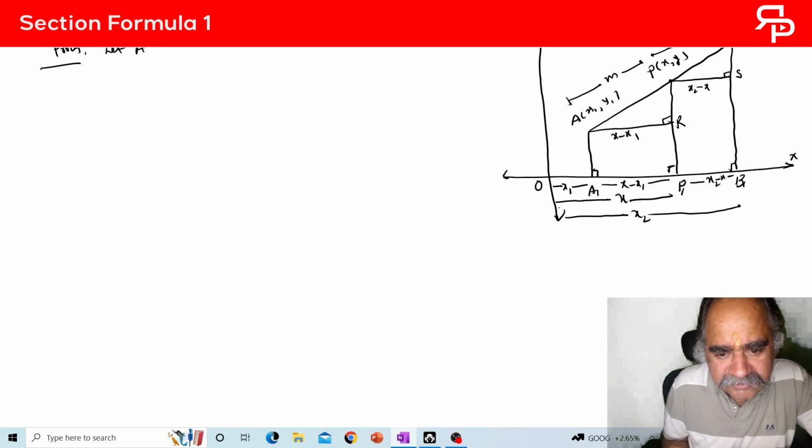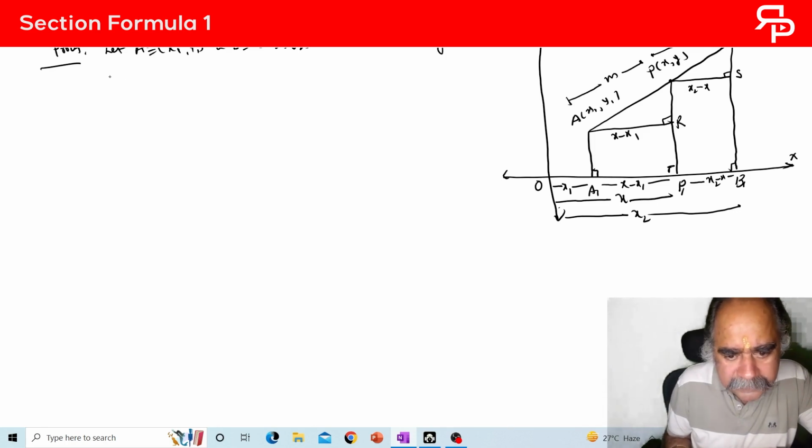Let A corresponds to x1 y1 and B corresponds to x2 y2 be endpoints of segment AB.